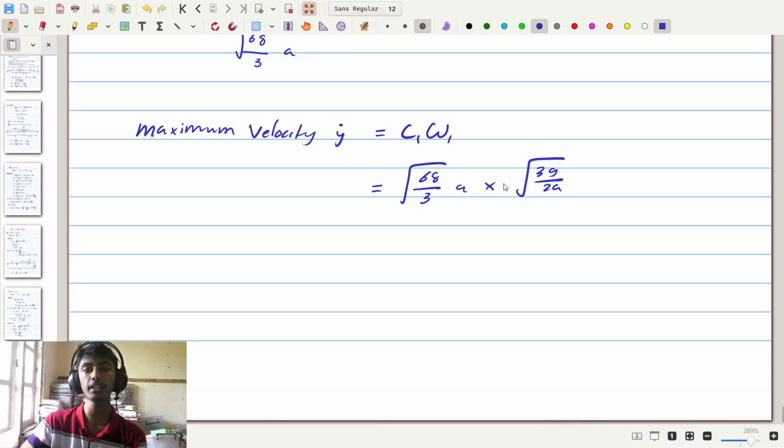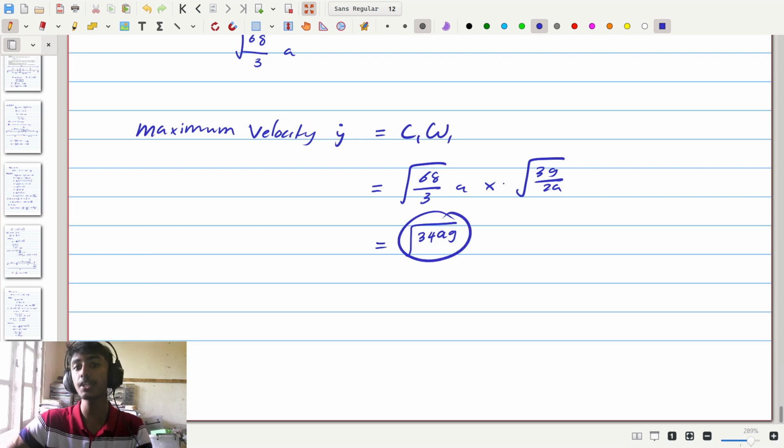If you multiply these two, the square root of 3 and the square root of 1 over 3 cancel out, leaving us with the square root of 68g over 2a, which we can simplify by cancelling the 2a. 68 divided by 2 is 34, so it's going to be the square root of 34ag.